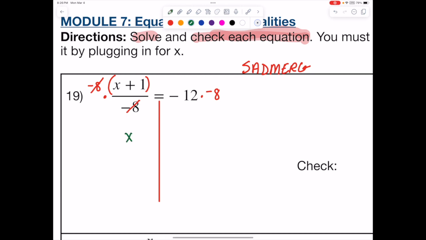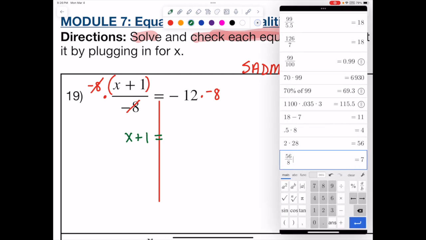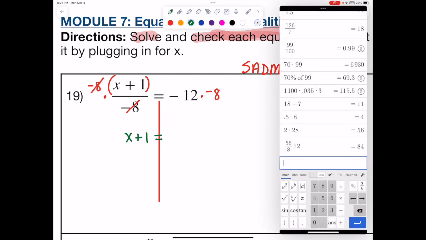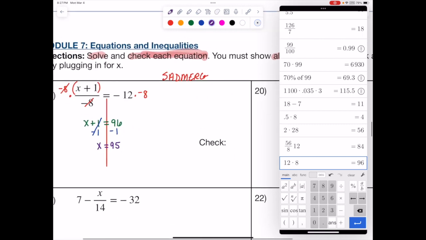So now our parentheses are gone, equals there, and we have 12 times 8. Negative times a negative is a positive, and so we have 96. Now we can go ahead and subtract 1 from both sides to start isolating the variable, and we end up with x equals 95.